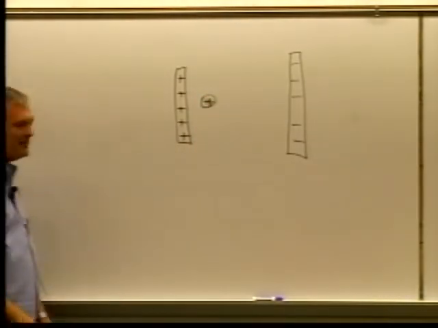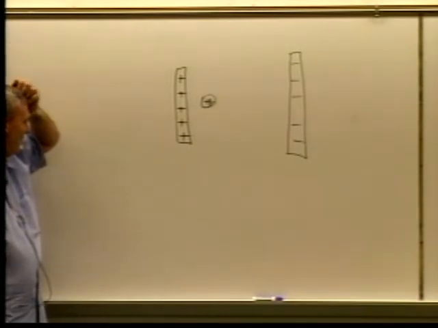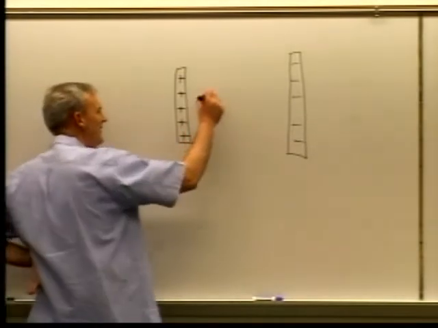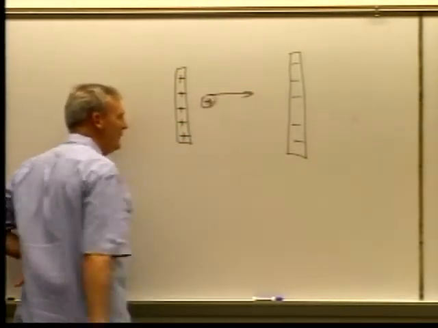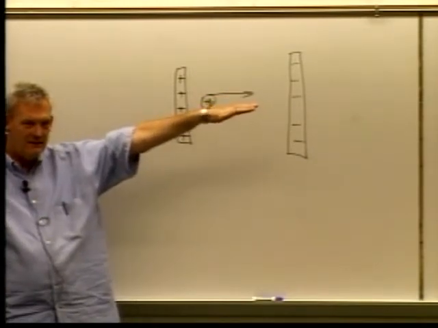I've got a positive charge right here. Okay? And he is going to accelerate, right? He's going to accelerate from here to here because the force pushing on him is going to go that way. Correct? All right.